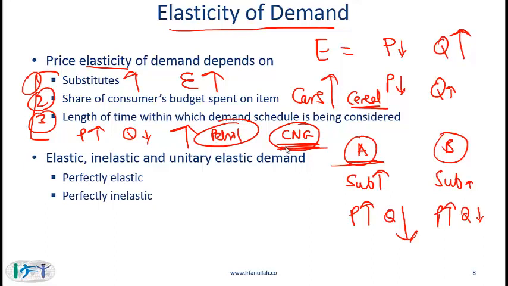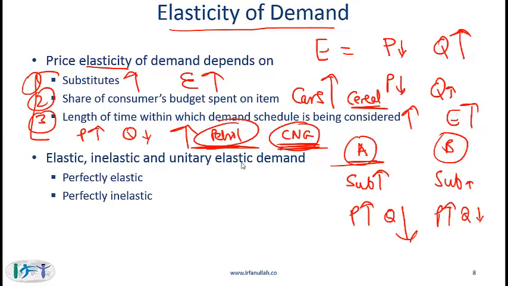So if we take a longer view, say a 1 month view, then the elasticity for petrol will be much more because in 1 month's time, a lot of consumers will convert their cars to CNG and then the demand for petrol will come down a lot more. So again, this is easy to see. When the time period being considered is long, then the elasticity will be more.